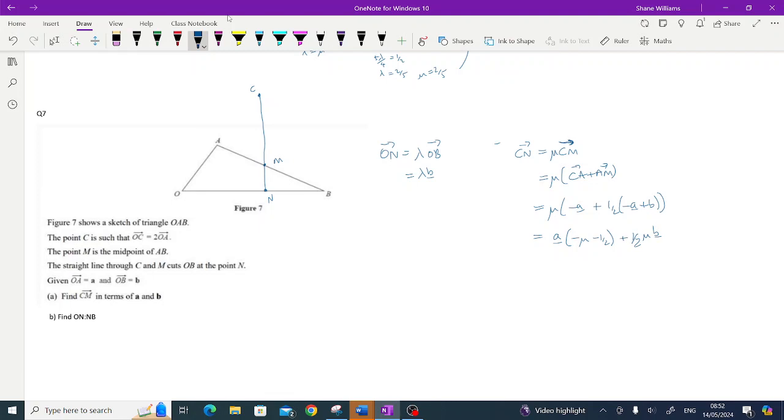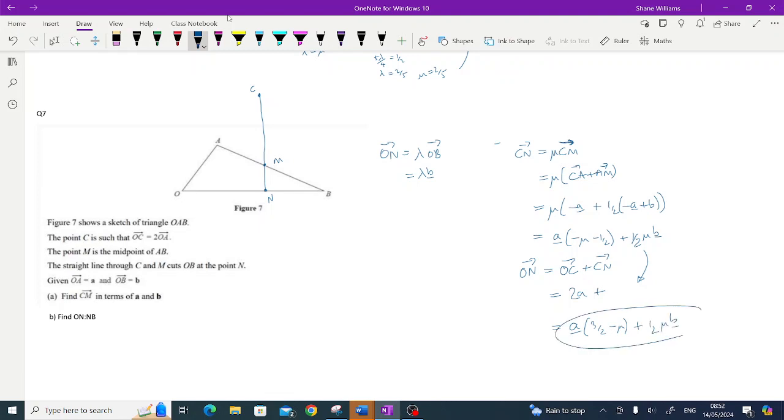And this one's just CN. So now if we want to all start from ON every time, let's say that ON is O to C plus the CN we've just worked out there. So that's going to be 2a plus the thing above. Collect together my a's, I'll get 3 over 2 minus mu plus a half mu lots of b.